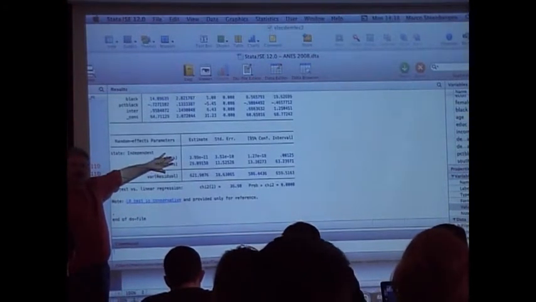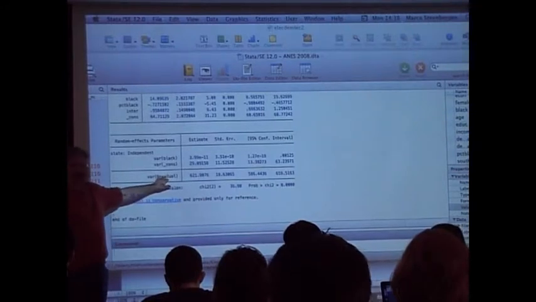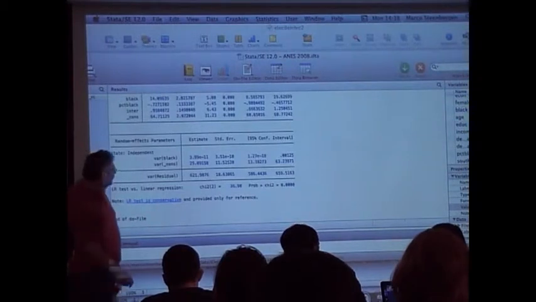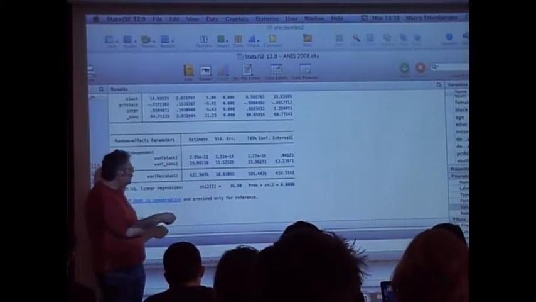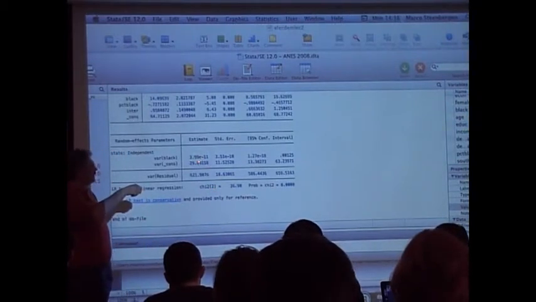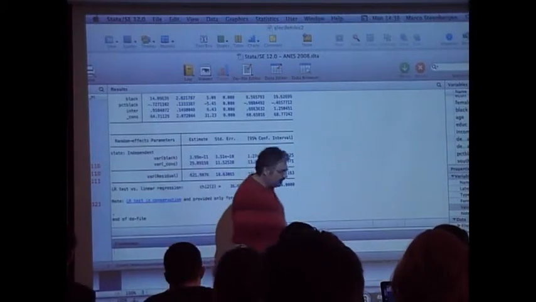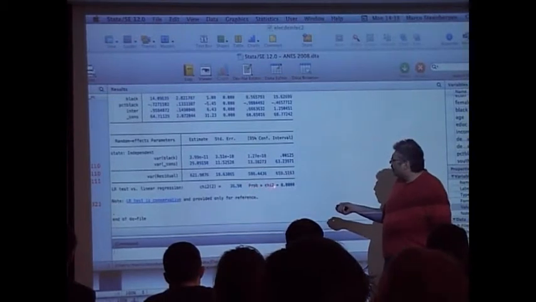We set them to 0. The only thing that we have left is the variance of the residual, which is sigma squared in my earlier notation. And it then says, well, we test that. We have a chi-squared test with 2 degrees of freedom because we're setting these two variance components to 0. And the test statistic is 36.90. The p-value is 0.